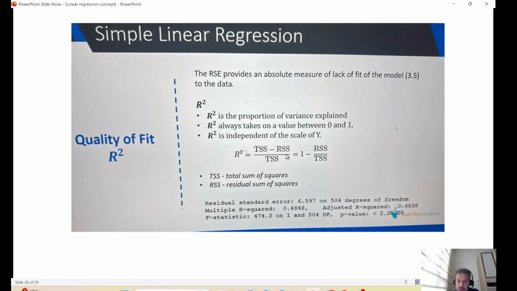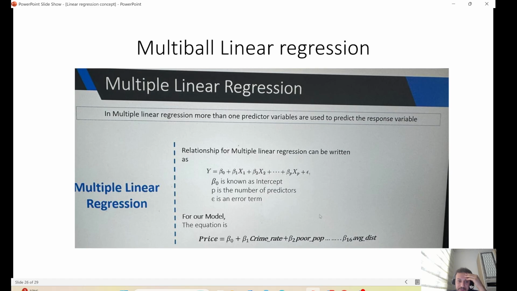If your R square is close to 1, that means your model is a good fit. If R square is close to 0, that means your model is not a good fit. If it's close to 1, your model fits your data very well.